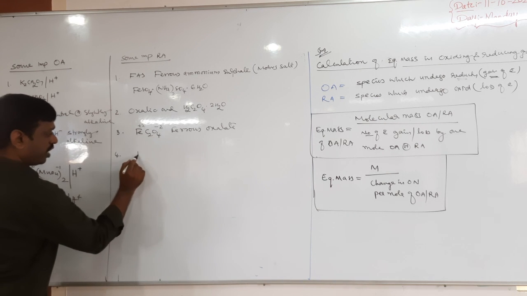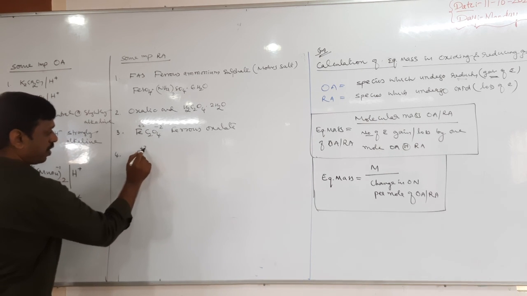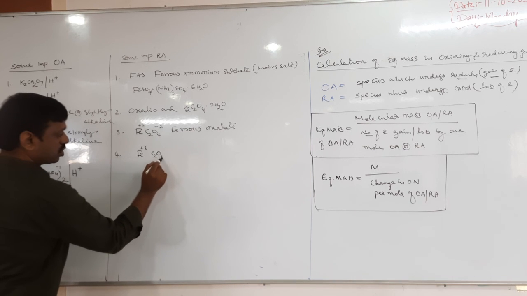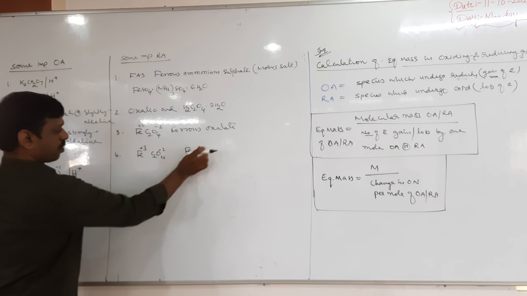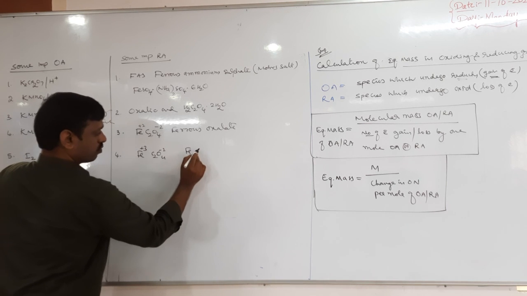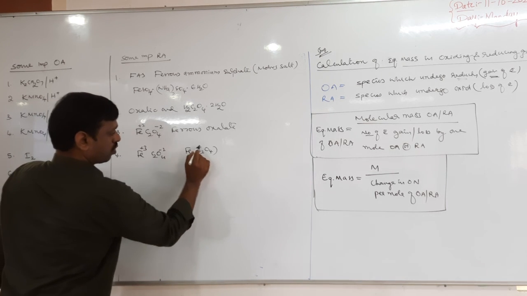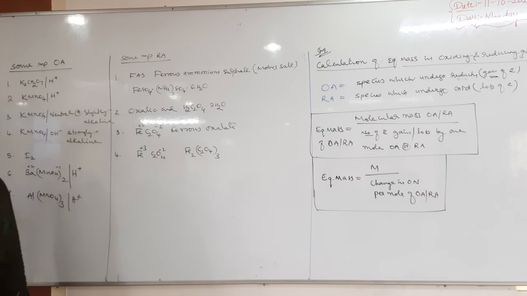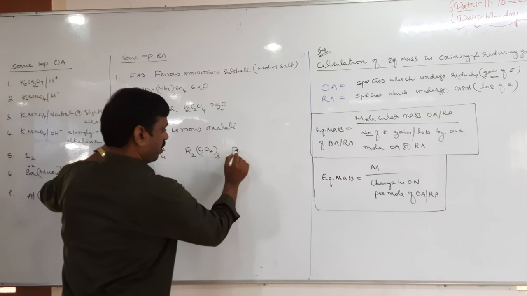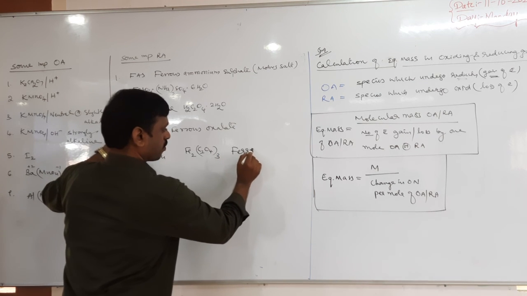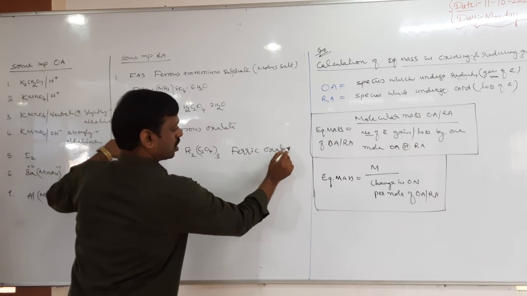Fourth one, you can also take ferric oxalate. Ferric is +3, oxalate is C2O4 with -2. What is the formula? Fe2(C2O4)3. Ferric oxalate. This is ferrous, this is ferric.